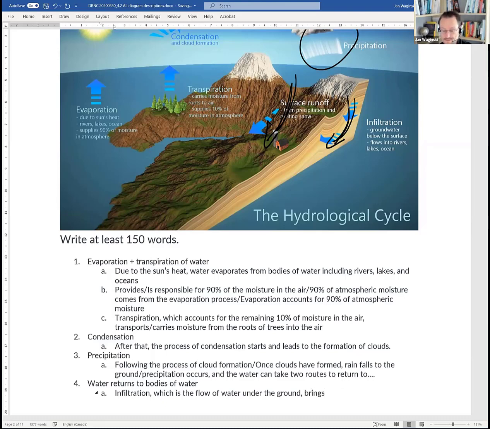Okay, so simple verbs. In this kind of process diagram, time does not matter, right? There's no future, there's no past. Whenever you're discussing a process, time doesn't matter, so you just use present simple. So you really have to watch out for that S at the end of third person singular.